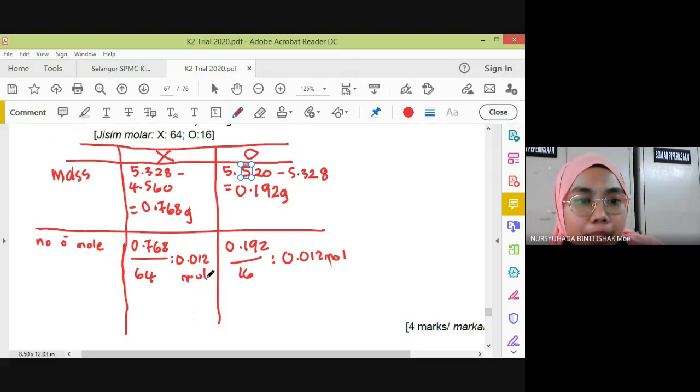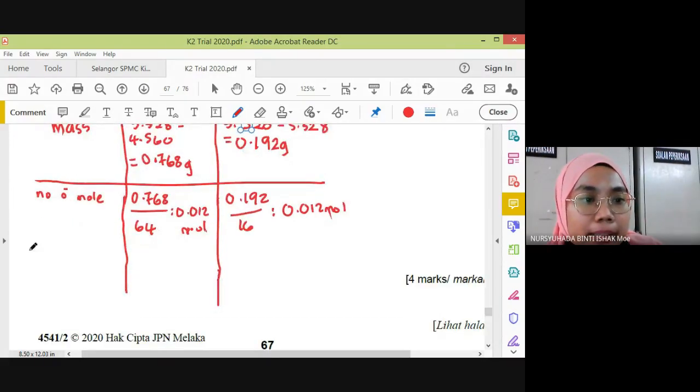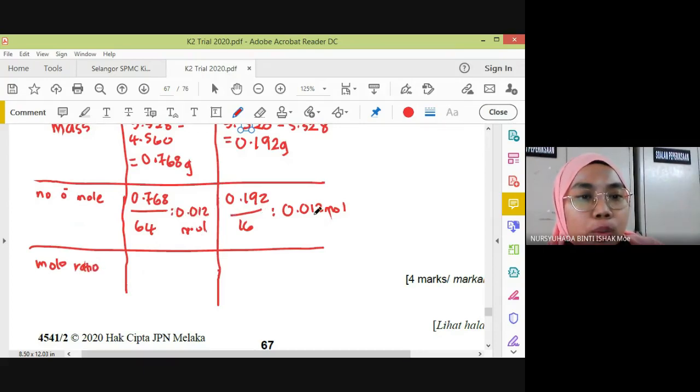Then next we do the mole ratio. For the mole ratio we divide by the smallest mole, but since both moles are the same, there is no problem. If the moles are different, you divide by the smallest number of moles.